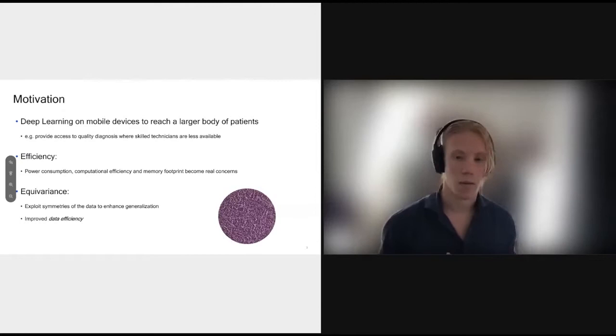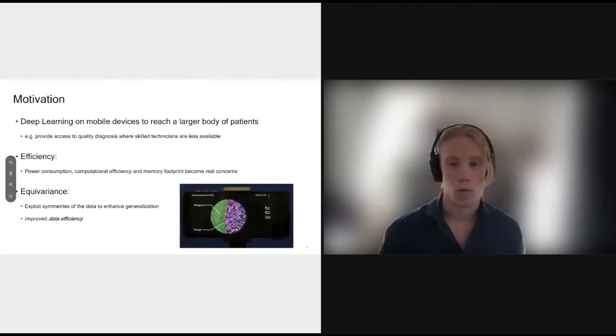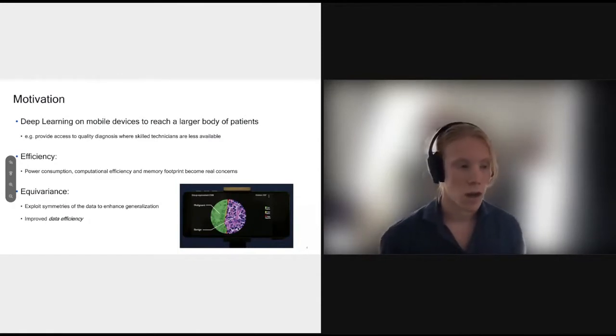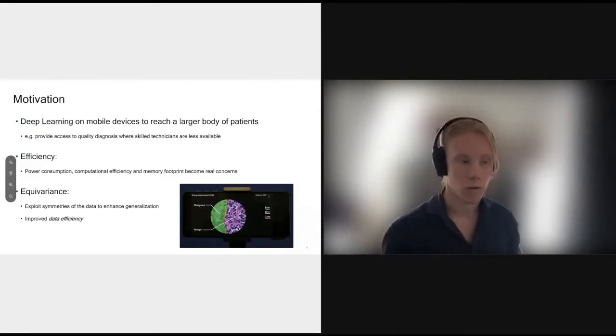This is exactly the idea behind equivariance. In our demo, we developed an efficient equivariant neural network, which we trained on a medical imaging task, and we deployed it on a commercially available smartphone to perform segmentation in real time, running on the smartphone.